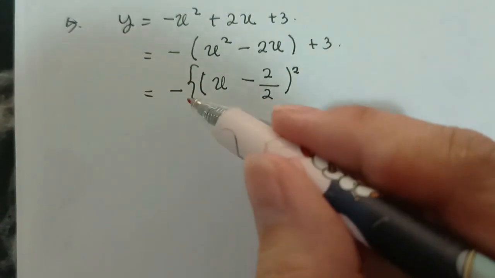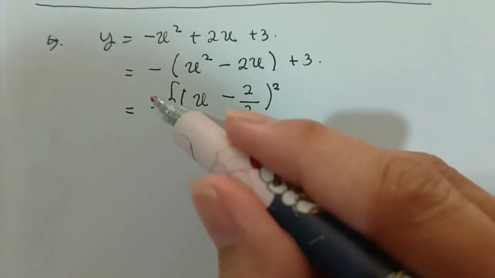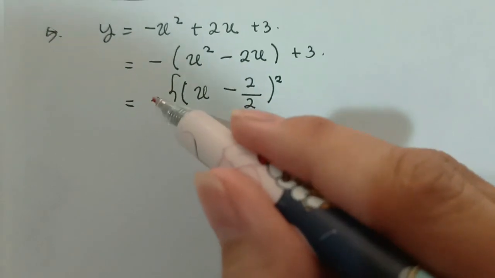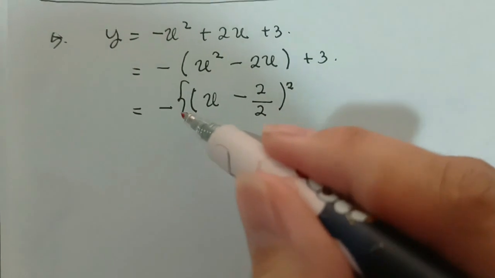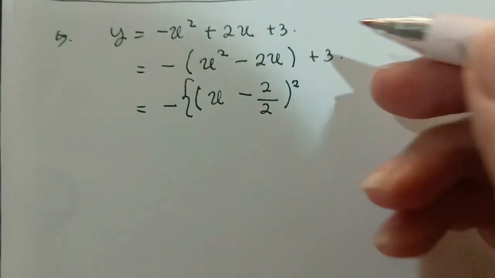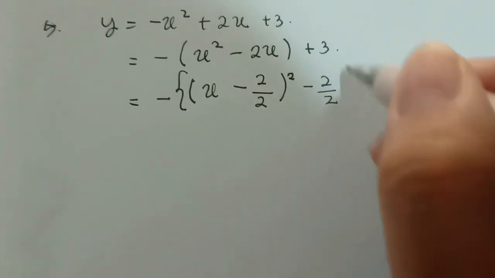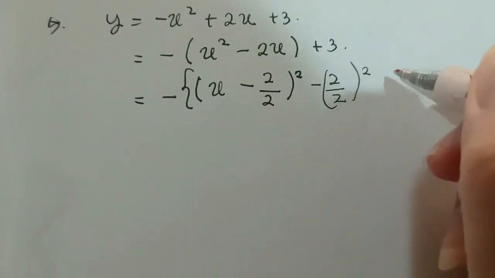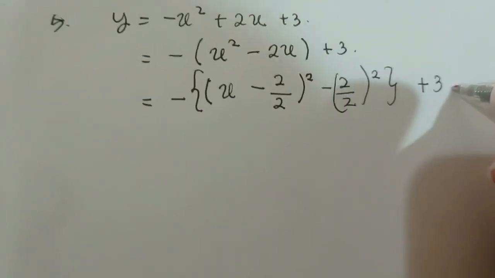If the number is 1, you don't have to do anything, but if it is minus 1, you have to give it in the bracket. Always remember that: minus this number 2 per 2 quadrat, in the bracket, plus 3.